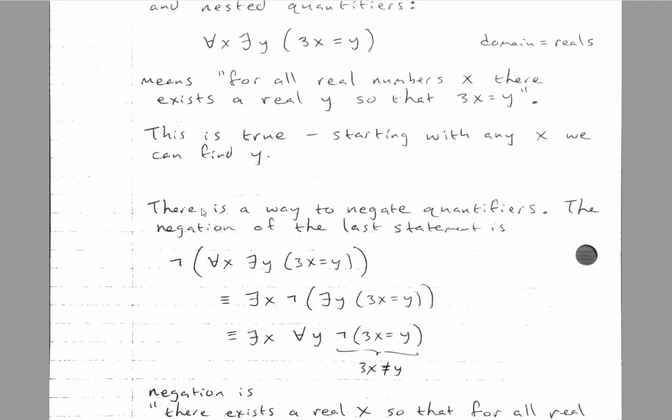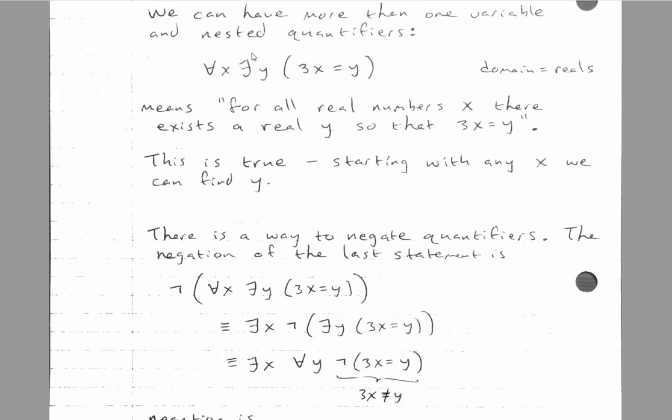We can negate quantifiers. If you wanted to negate this statement, you want to say it's not the case that for all x there exists a y so that 3x equals y. We put the not out front, but we can simplify this.